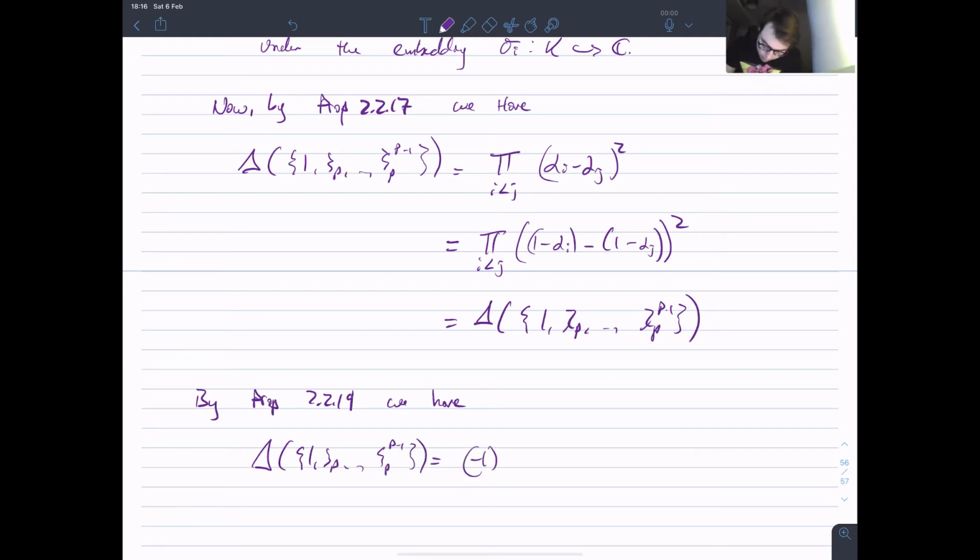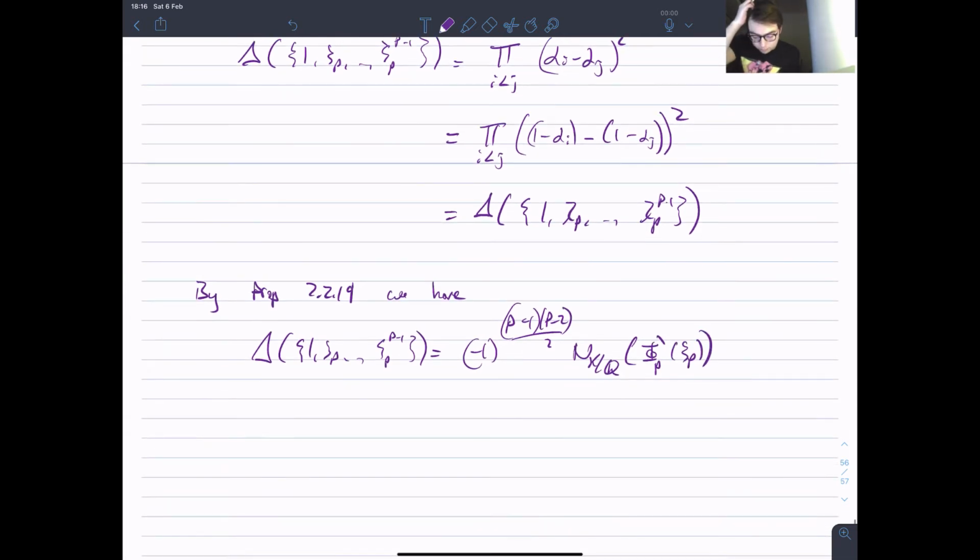This is (-1)^((p-1)(p-2)/2) times the norm from K to Q of Φ_p'(z_p). So you take the minimal polynomial, differentiate, and evaluate at z_p. Great.